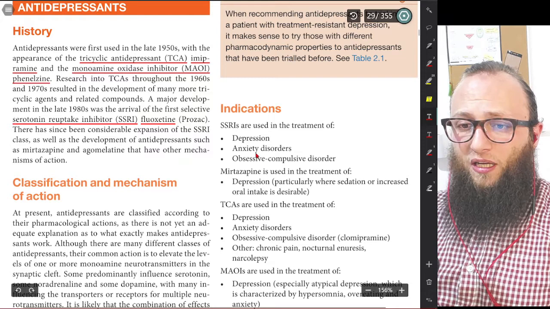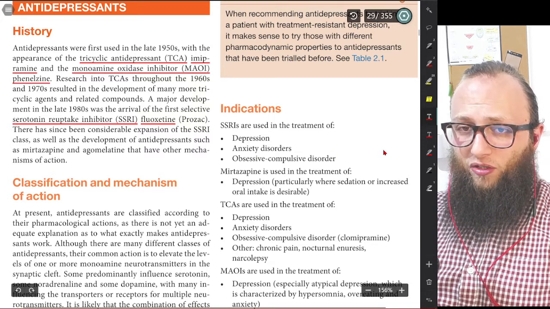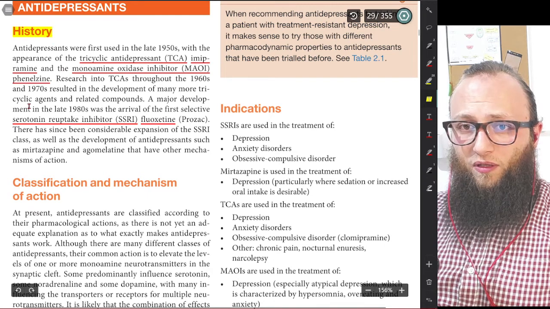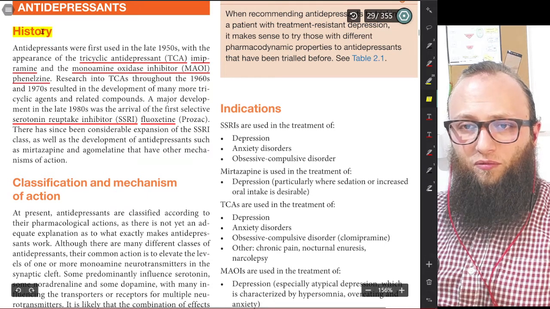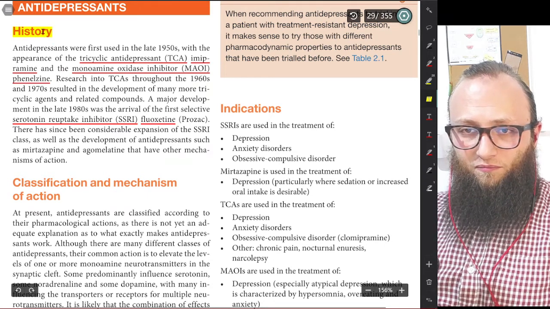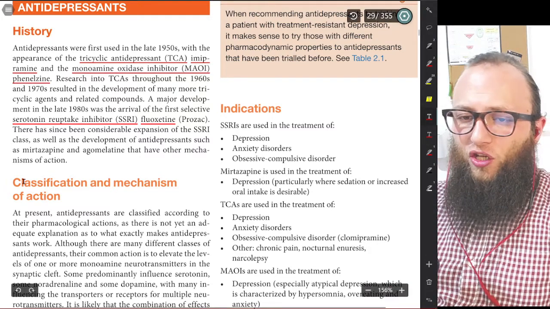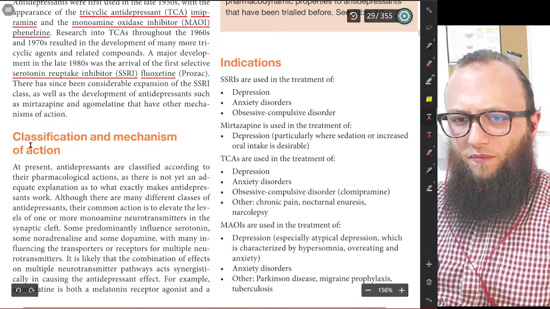Let's talk about classification and mechanism of action. So we've talked about history. Classification and mechanism of action.